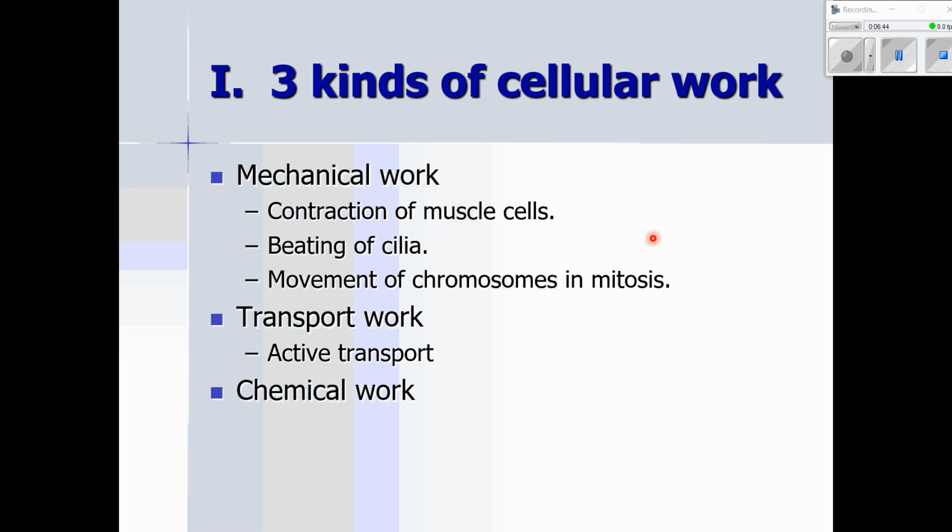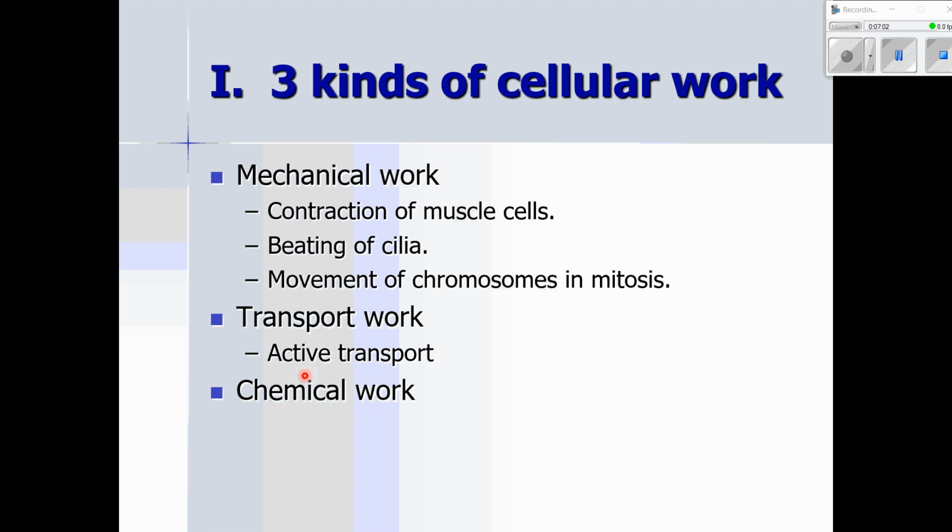Now there's transport work, such as active transport. You already know about this, where special carrier proteins use ATP energy to move ions against their concentration gradient.